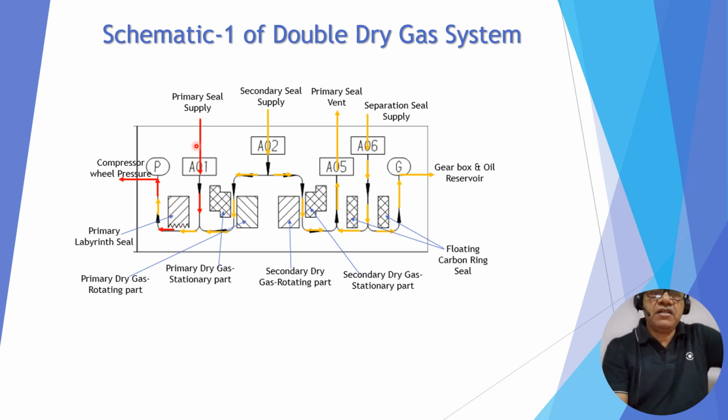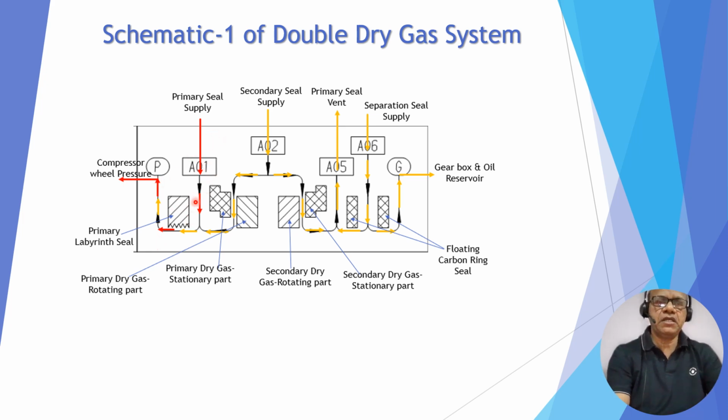So in the double dry gas seal system, the primary seal supply has no relation with the primary vent. You can see here is the primary vent; it has no relation here. That is why this arrangement is normally used when the process gas pressure is lower than this pressure. The primary seal supply maintains the DP as per the flow requirement, because the DP depends on the flow and of course the supply pressure, and all the gas passes through to the process side.